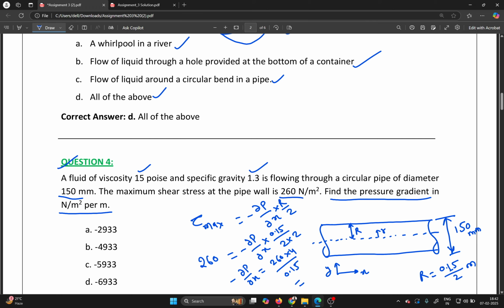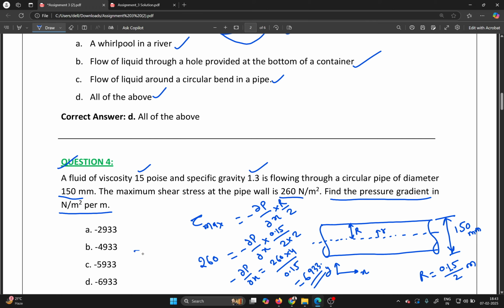Let us calculate. 260 into 4 divided by 0.15, so it is 6,933.